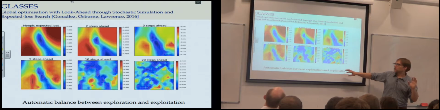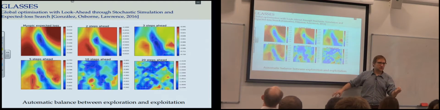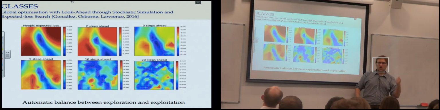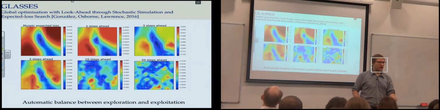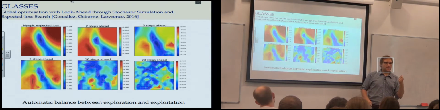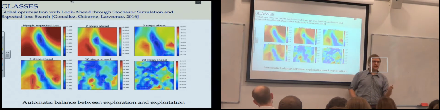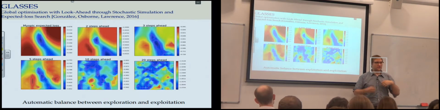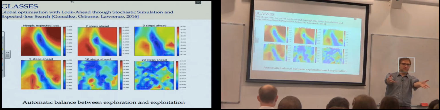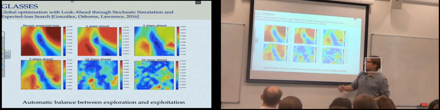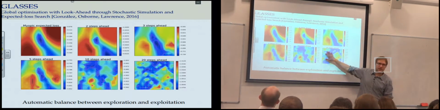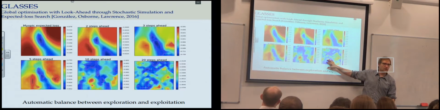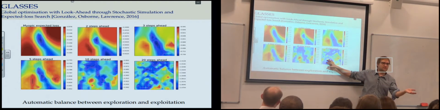that when you make a decision, it depends on how many remaining evaluations you have. It automatically selects the balance between exploration and exploitation. So if you have many evaluations to do, you are going to be very explorative, right? If you can go many times to the restaurant that you like, you can try different things.